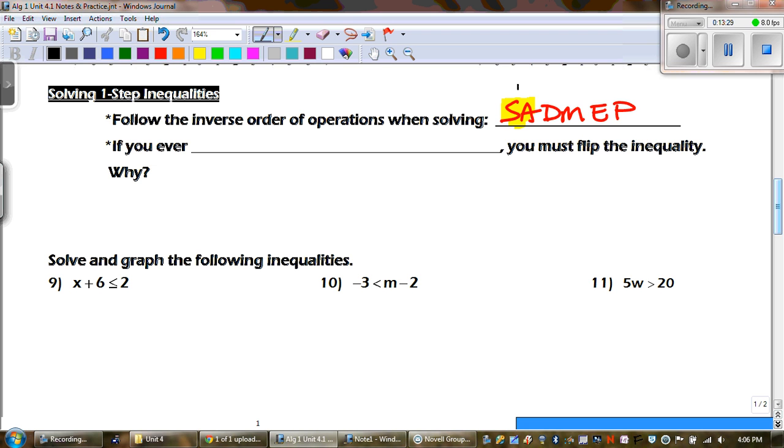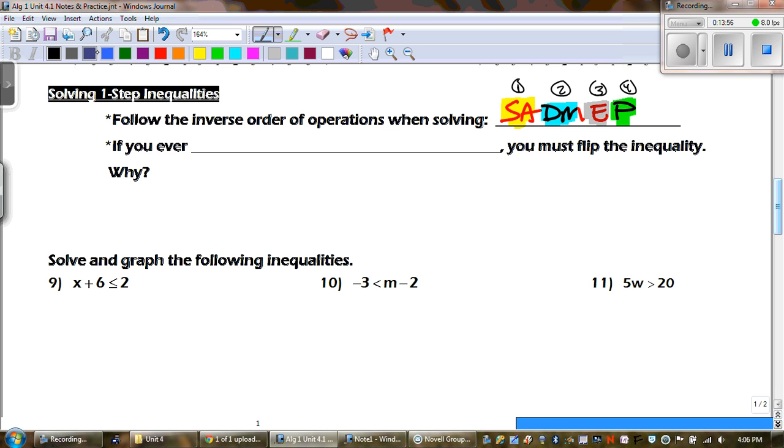We always check for addition or subtraction first. Then we're checking for division or multiplication. Then we check for exponents. And then the last thing we would do is worry about the parentheses, okay?